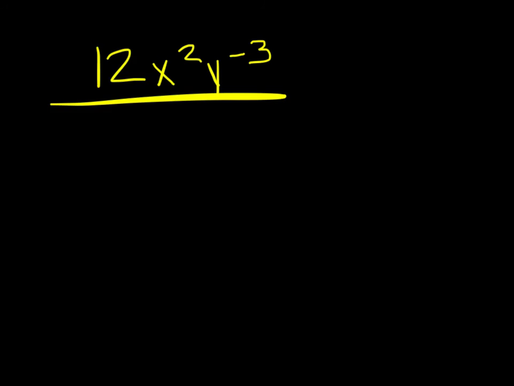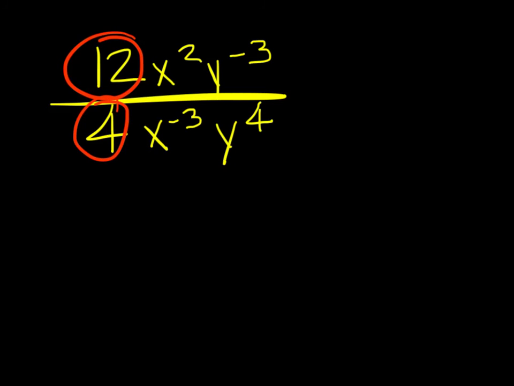In this problem we have 12x to the second, y to the negative third, over 4x to the negative third, y to the fourth. Simplify the fraction of 12 over 4 first. 12 over 4 cancels out to 3. So we'll have a 3 on top to start with.